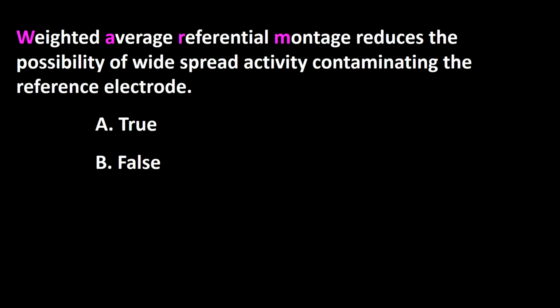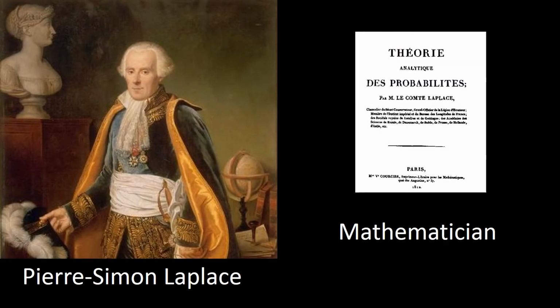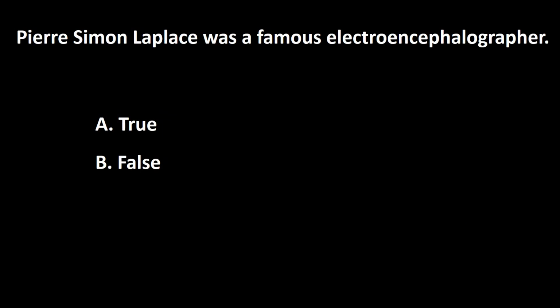So the answer to this question is A. Pierre Simon Laplace was a famous electroencephalographer. A, true, B, false. Pierre Simon Laplace was a mathematician. So the answer to this question is false.